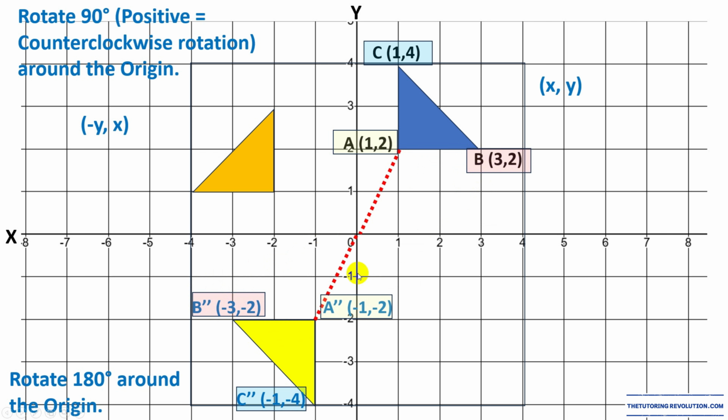The C here is (1, 4), and the C double prime is (-1, -4). So the rule is that we use the same numbers while we make both of them negative, as compared with the coordinate in the first quadrant, after we rotate 180 degrees around the origin.